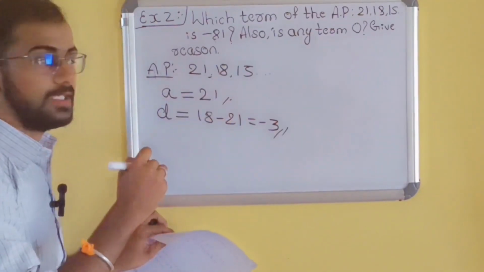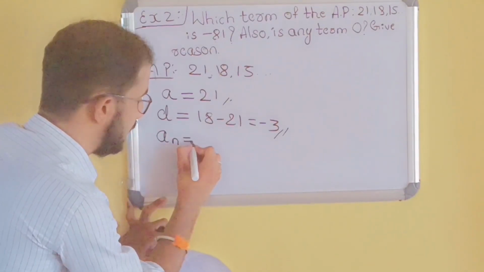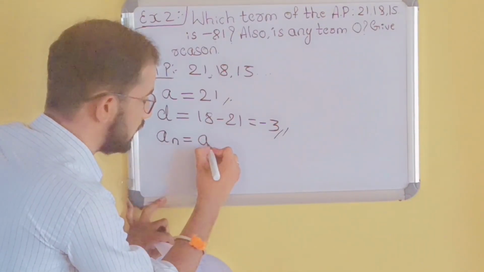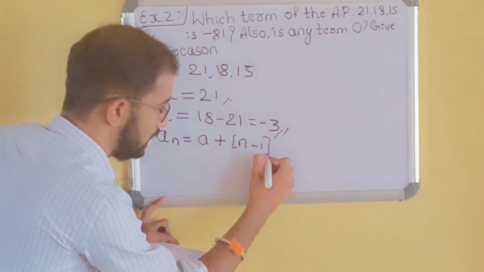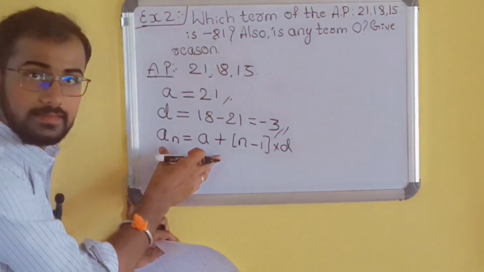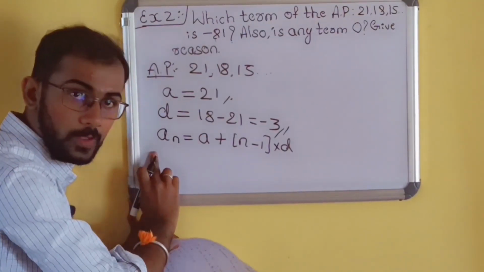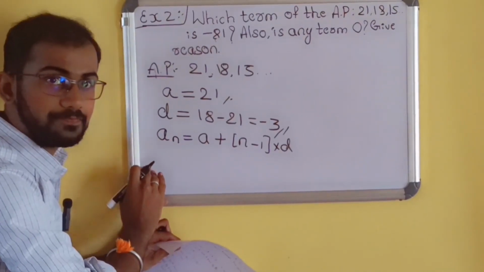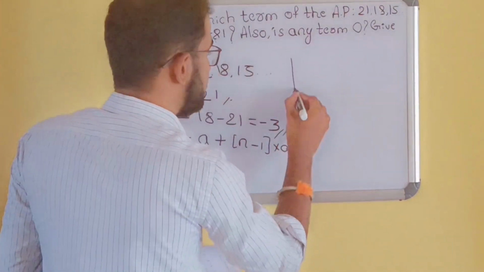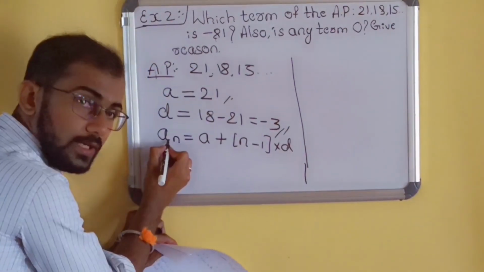Now consider that the value of the nth term of the AP is given by the first term plus n minus 1 into d. So this is the formula to calculate the nth term of the AP. Now, substitute the values over here. We need to calculate an only.